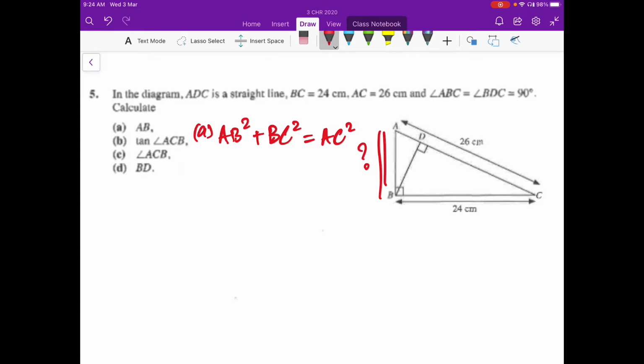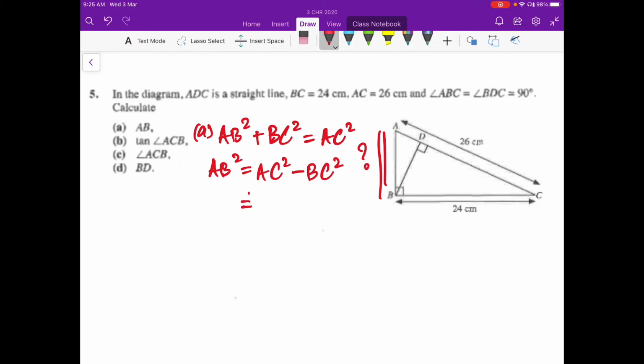Okay, then what happens? Equals to what? And then? Can, but I don't know why you want to. Okay, wait, so you're trying to find out AB square, right?